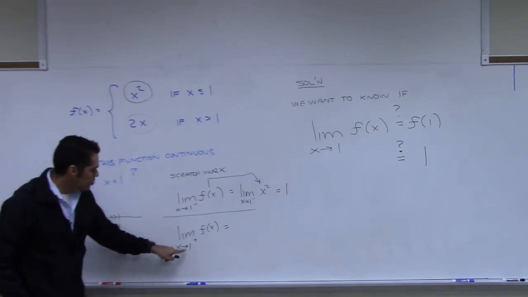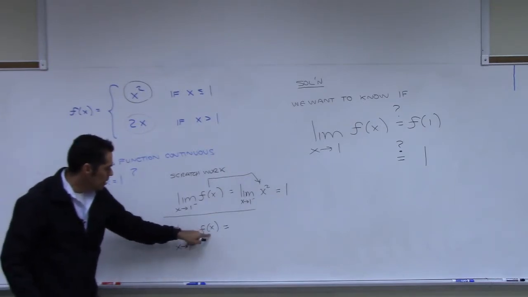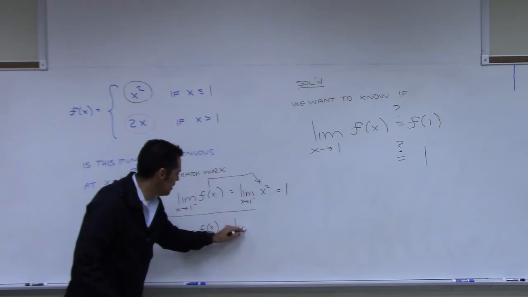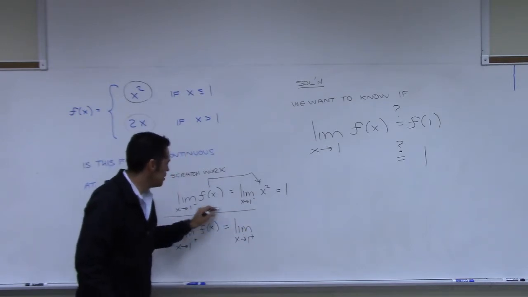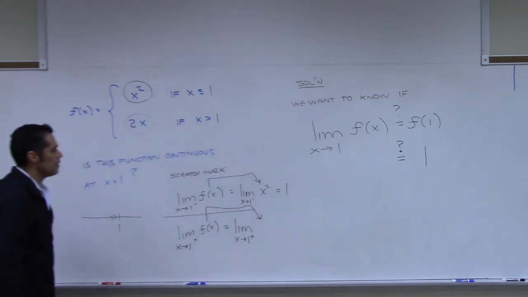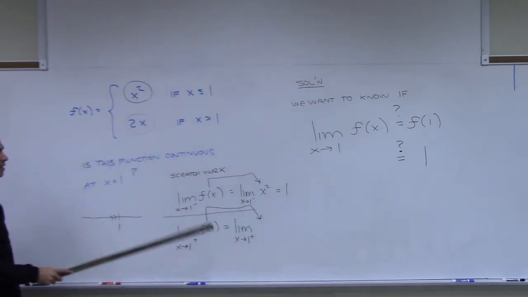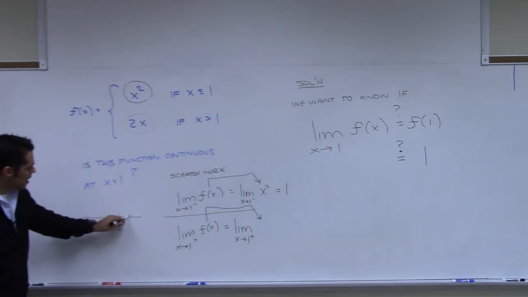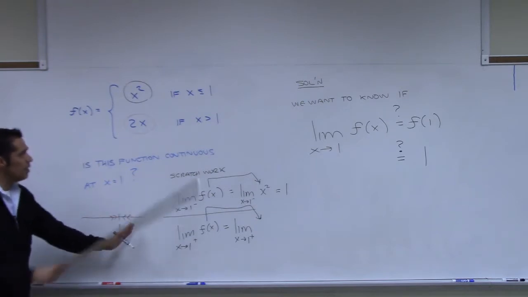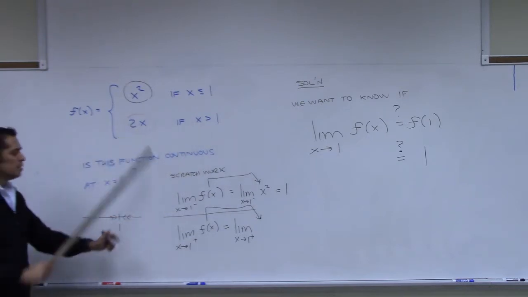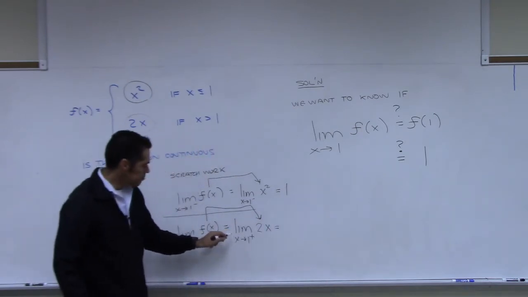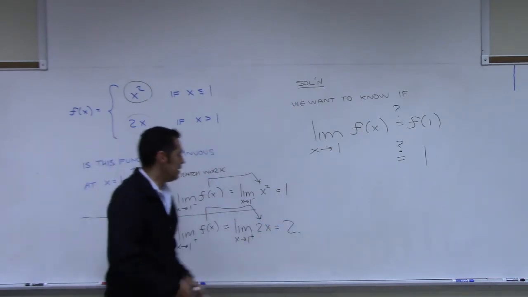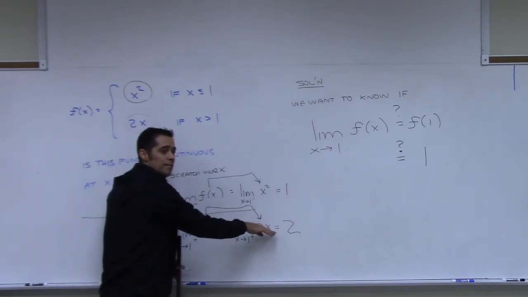If we now approach 1 from the right, what's the function we're going to use? So I'm going to write limit x approaches 1 from the right. What function am I going to plug in there? 2x. This time the 2x, because we're approaching 1 from the right side, which is over here. We are bigger than 1, which means you must be using this part. So I plug 2x in here, and this is 2. And guess what? These two are not the same, right?